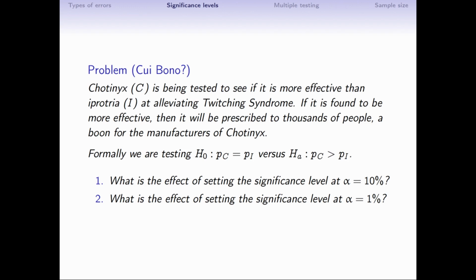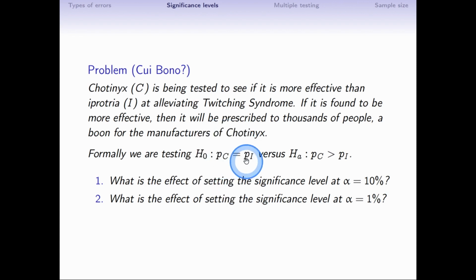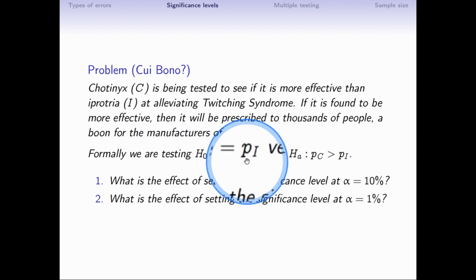So let's say that within the population, P sub C represents the proportion of the population of twitching syndrome sufferers that will find relief through using Chotinix, and P sub I will be the proportion of the population of twitching syndrome sufferers that will find relief through the drug iprotria.